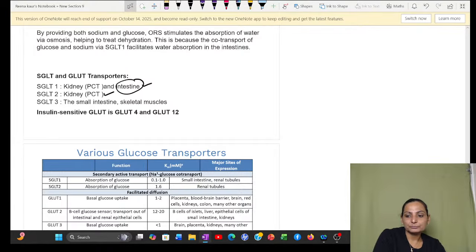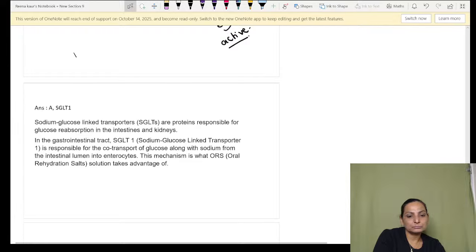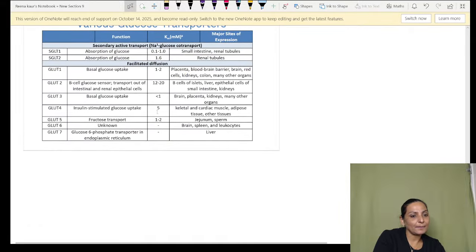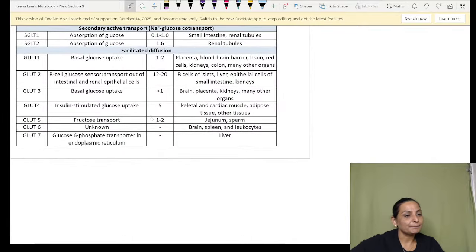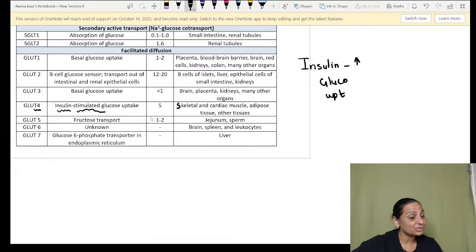Now, see, the various GLUTs are present, out of which GLUT4 is insulin stimulated or insulin dependent, which is present especially in skeletal muscle, cardiac muscle, and adipose tissue, right? So this leads to a few more questions: insulin increases the glucose uptake in which tissues?